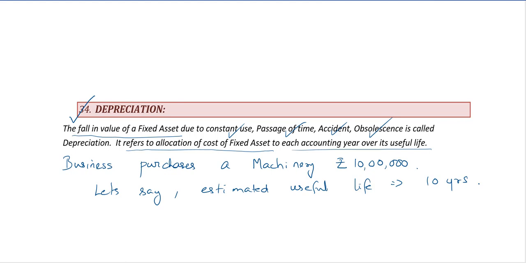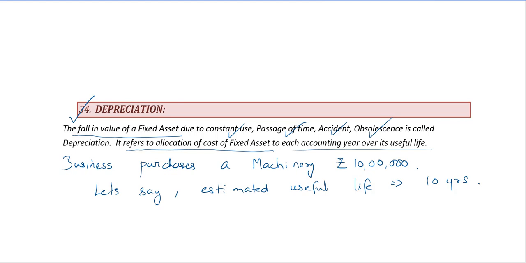Now, the business cannot show rupees 10 lakh as expense for the year in which the machinery is purchased. Why? Because the benefit of that expenditure of 10 lakh is going to accrue for the next 10 years. So, the cost of the machinery of 10 lakh has to be spread over its estimated useful life of 10 years.